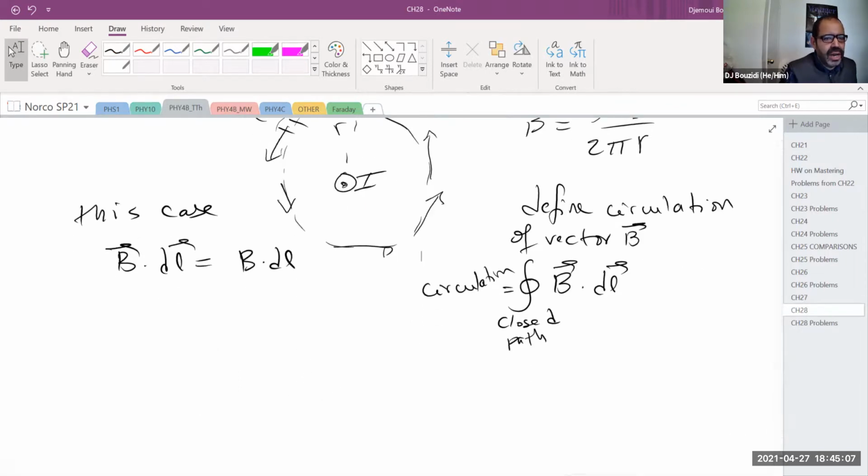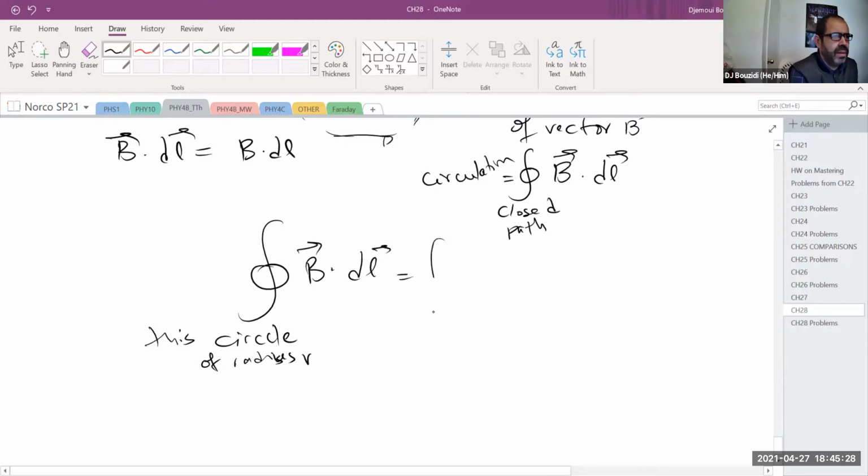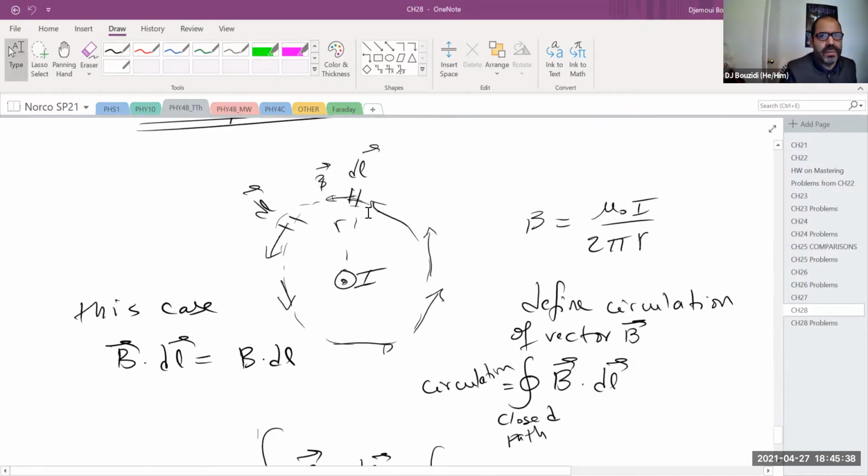So the circulation along a circle of radius r that encloses that current, of B dot dl, is simply the integral of B dl. Because of the properties of the dot product, the two vectors are parallel, as we just saw, since the magnetic field is always tangent to this circle.